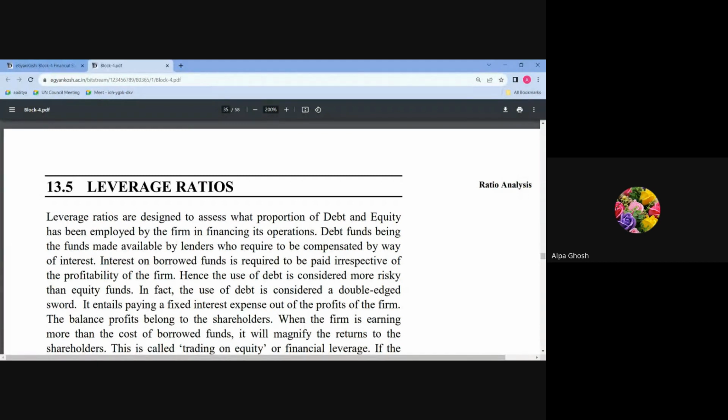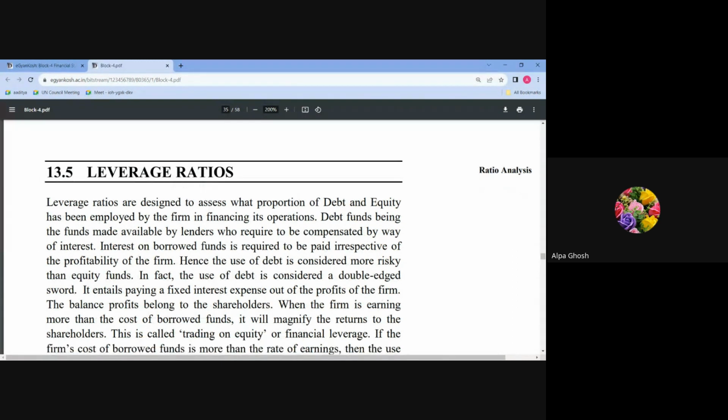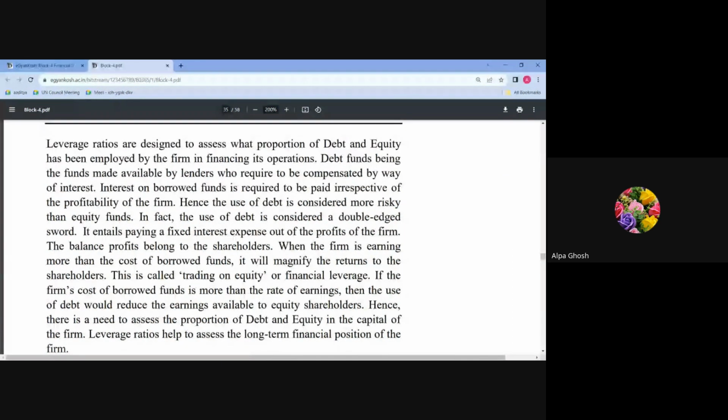But at the same time, though more and more debt gives rise to financial risk, the equity shareholders are the real owners of the company. So if you want to raise more funds through more equity shares, it means that you are increasing the ownership of the company, and the existing shareholders are not ready to dilute their shareholding with others.